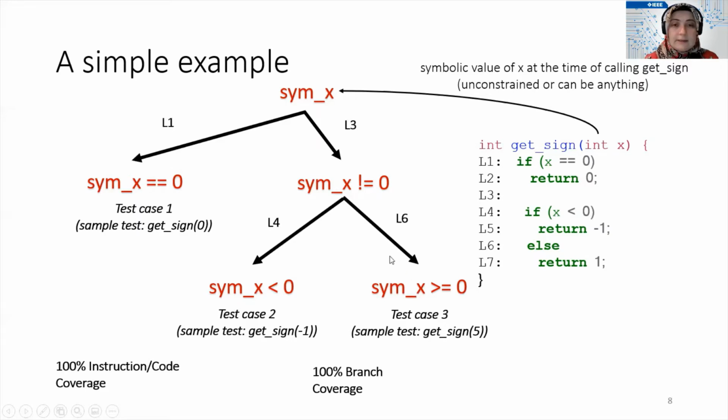So here, sim(x) corresponds to the symbolic value of x, and as it executes each individual instruction, it finds out that there are different possibilities, like if this if statement at L1 holds, and if it doesn't hold. If it doesn't hold, then we continue with L3, and then of course L4 and L6 would be considered.